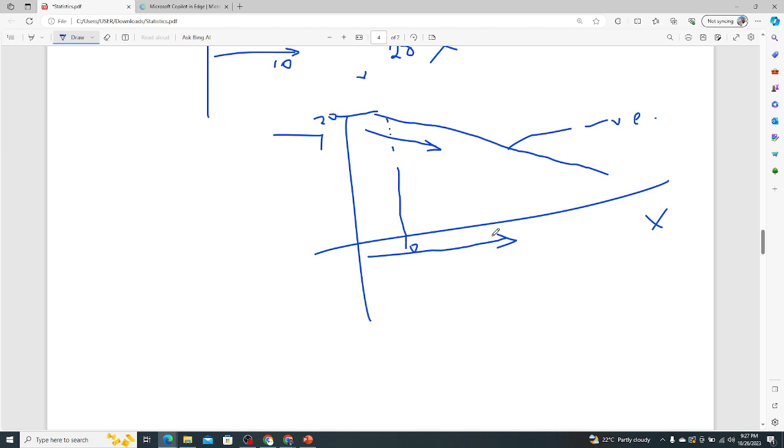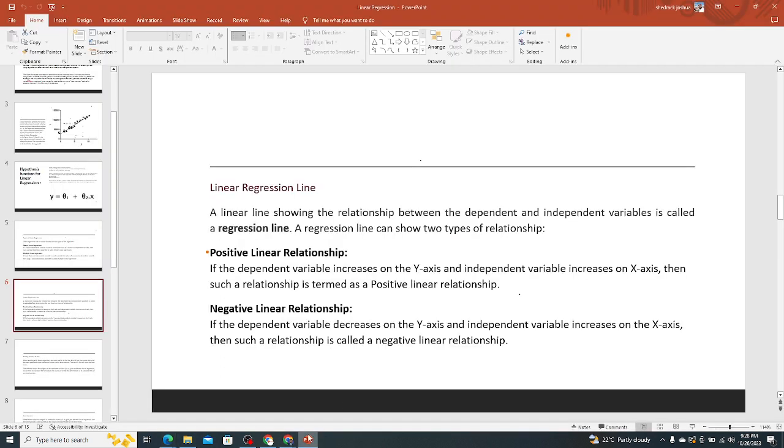Then increase the value of x to 20, and you can see the value of y will go down. So whenever one variable is increasing while the other one is decreasing, we'll have a negative regression line.